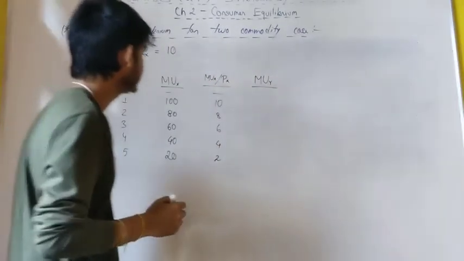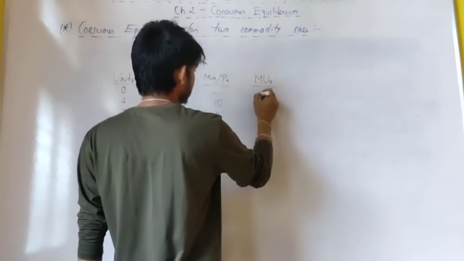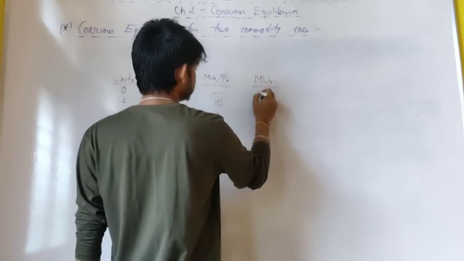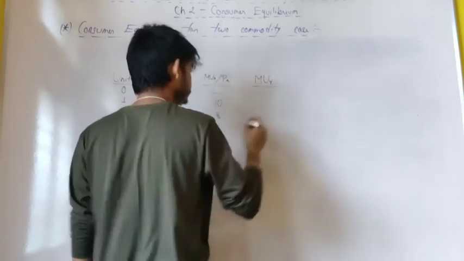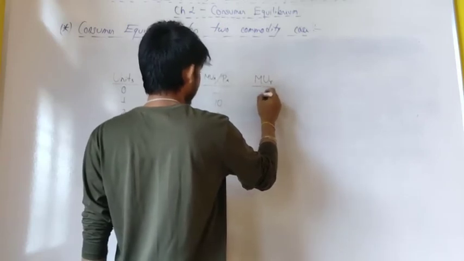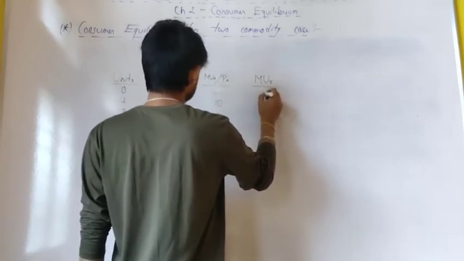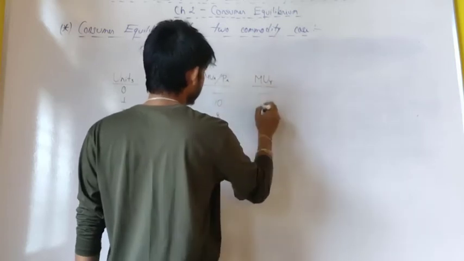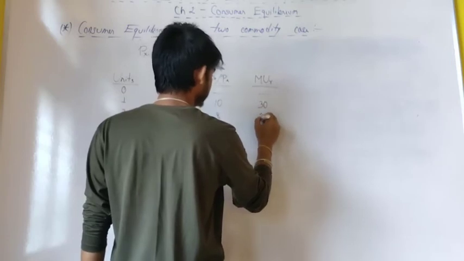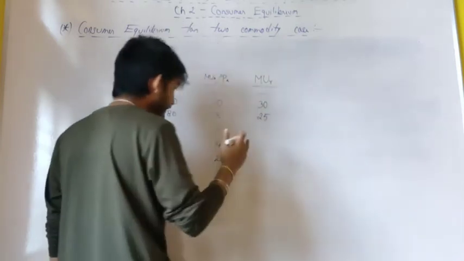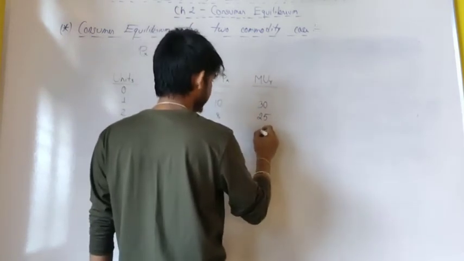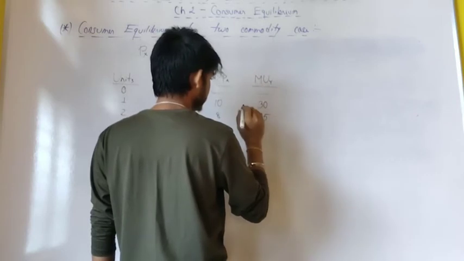So here I am taking, first one will be nil, then 30, then 25. I am taking an interval of 5.